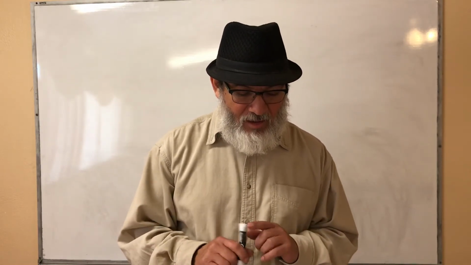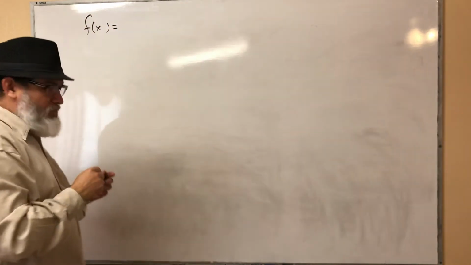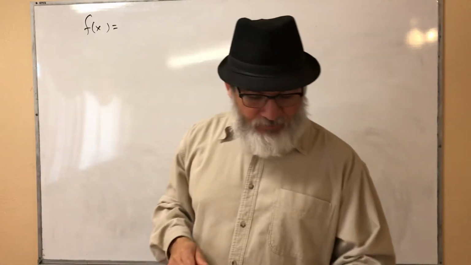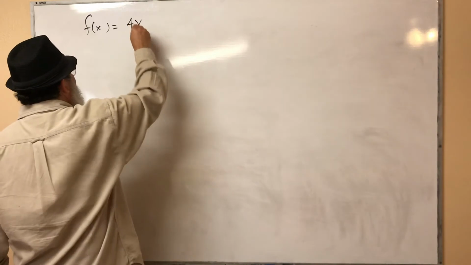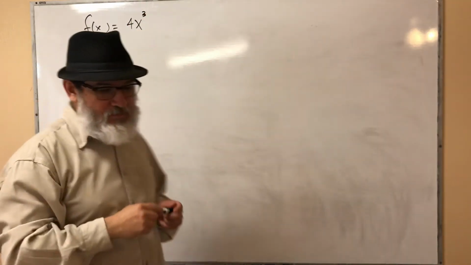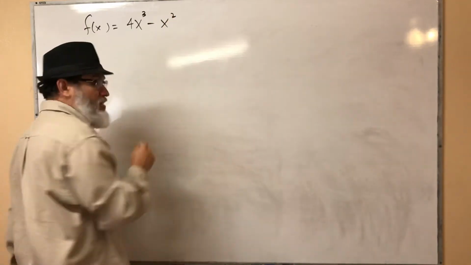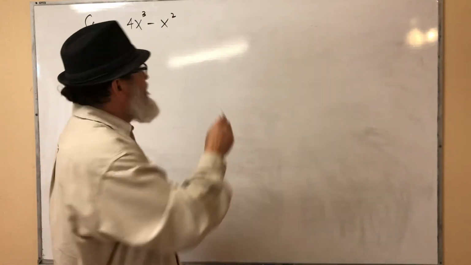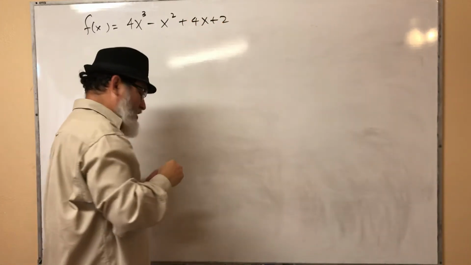F of x equals four x cubed minus x squared plus 4x plus 2. Okay.